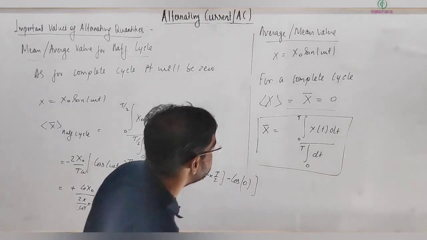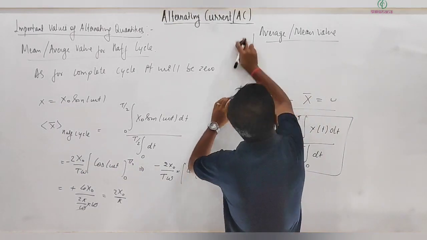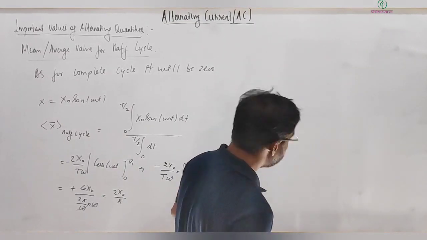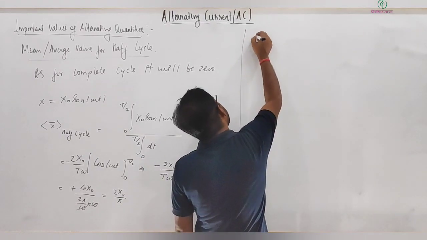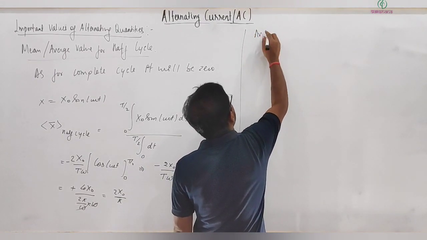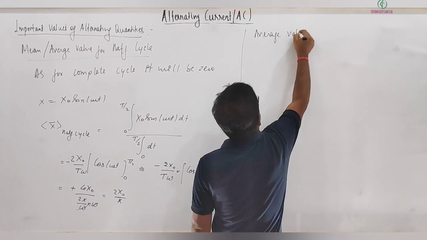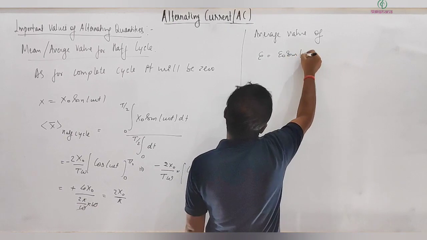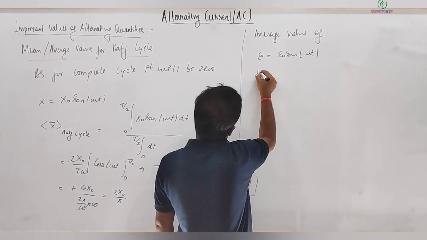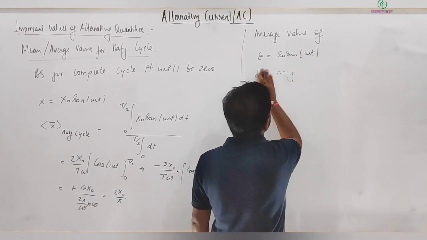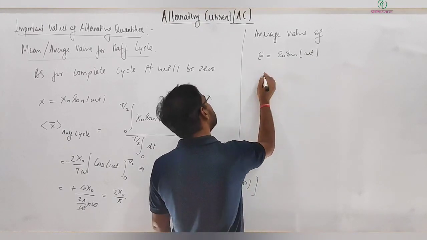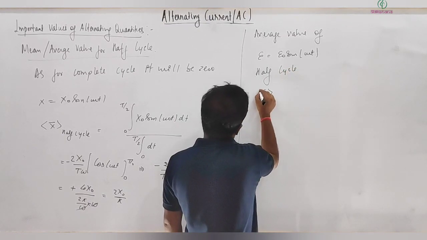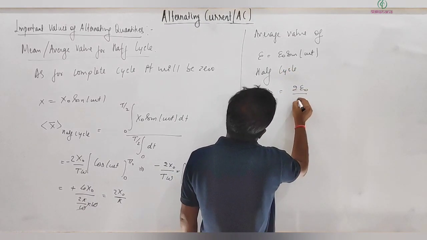So in general terms I can write the mean or average value: E equal to E naught sine of omega t, for half cycle, E average is equal to 2 E naught by pi.